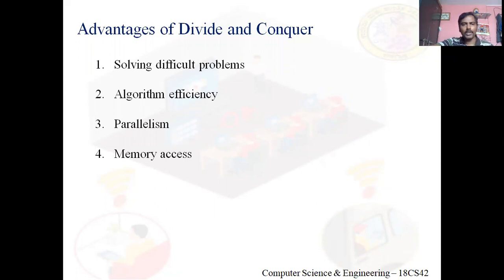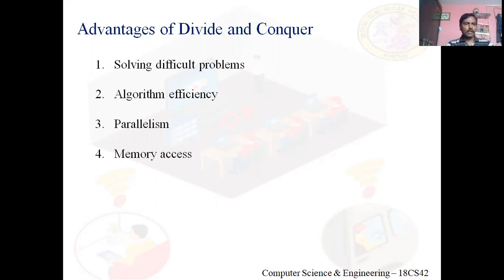A problem gets divided into two sub-problems, and when these two sub-problems are divided further, a sub-problem of one might be similar to a sub-problem of another. So sub-problems might be repeated.